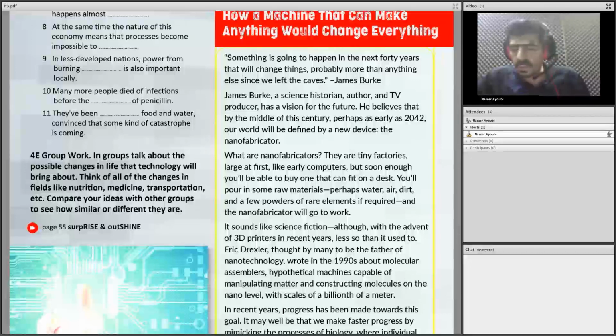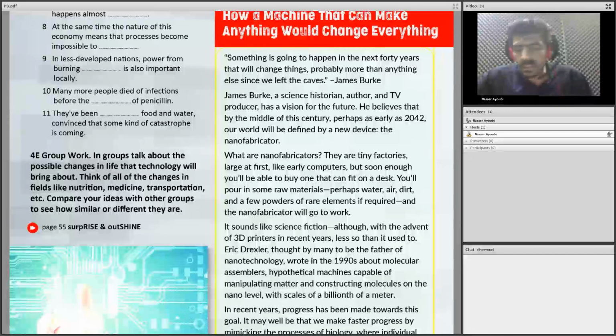What are molecular assemblers? They are hypothetical machines, imaginary machines that are capable of manipulating matter and constructing molecules on the nano level. They are imaginary machines that are able to control, modify, use, operate matter.